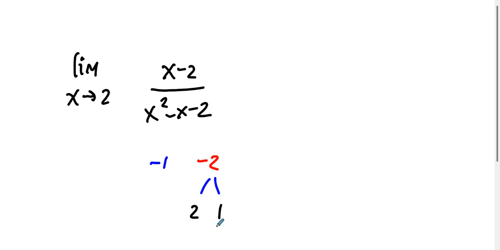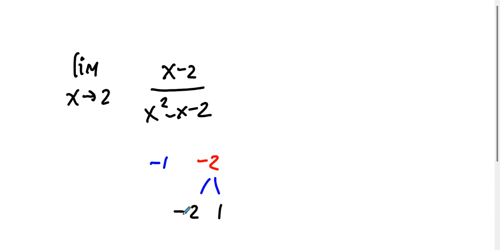But now which one do we make negative? We want to make at least one of them negative because this c coefficient, this y-intercept, is negative. So if we want a negative result, negative 1, we're going to have to make the bigger number negative.